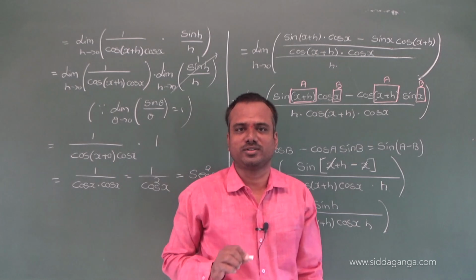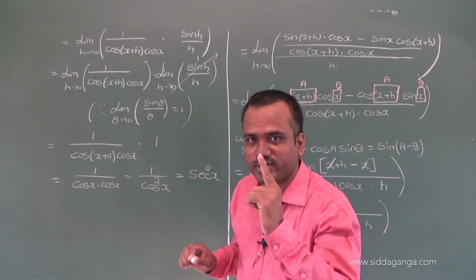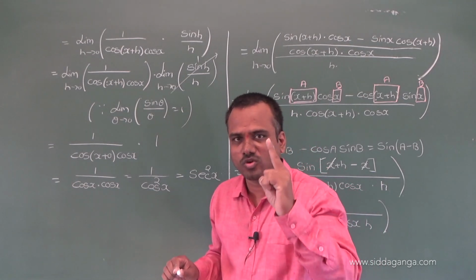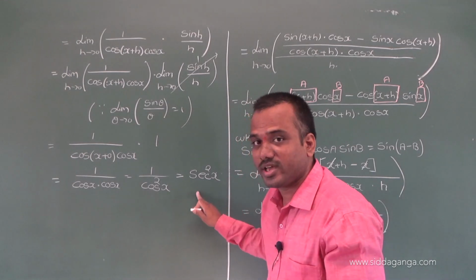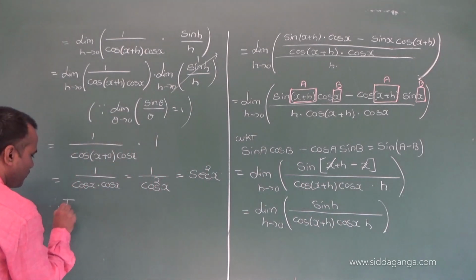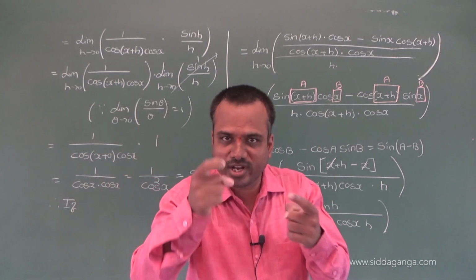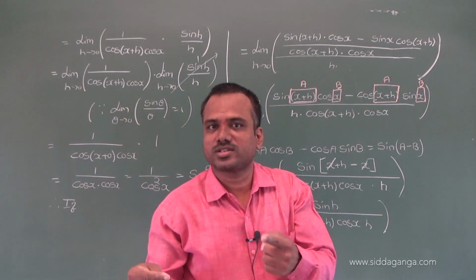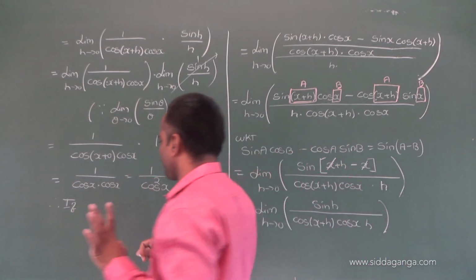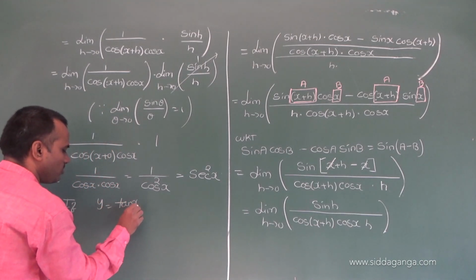One more formula: derivative of tan x. Very important. Derivative of tan x is secant square x. Therefore, if I write y, we write dy by dx; if I write f of x, we write f dash of x.